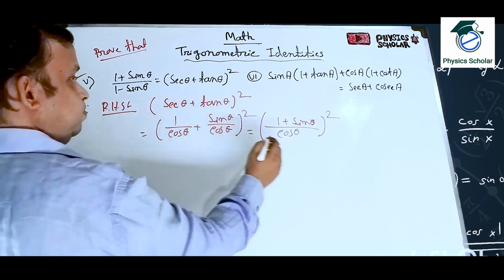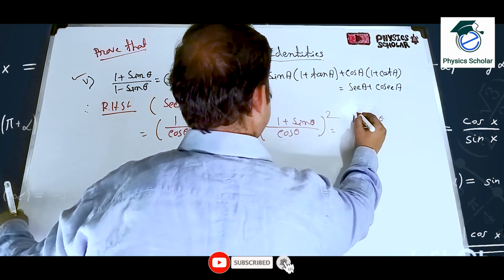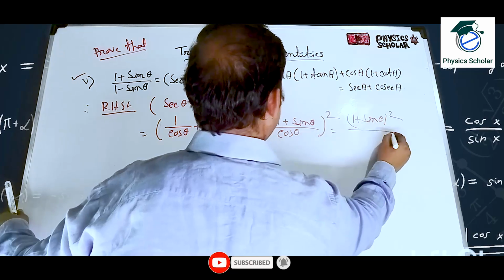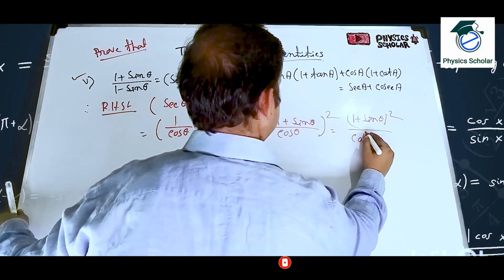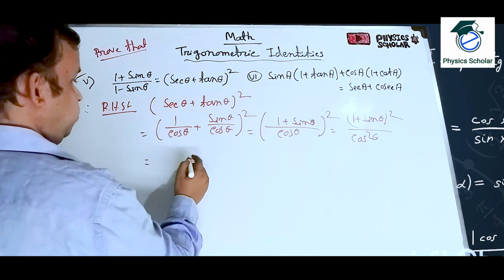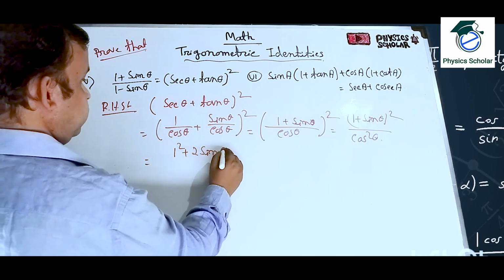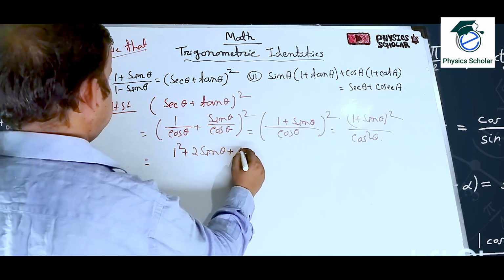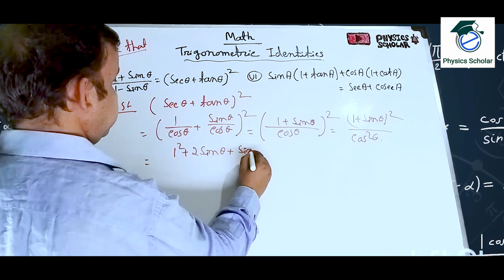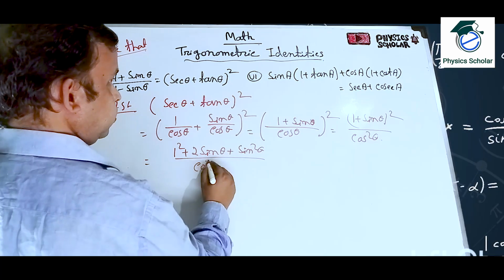Cos theta is the LCM, so that means what we can write? (1 plus sin theta) whole square divided by cos square theta, clear. So what is the formula? (a plus b) whole square, a square plus 2ab plus b square, divided by cos square theta, okay.